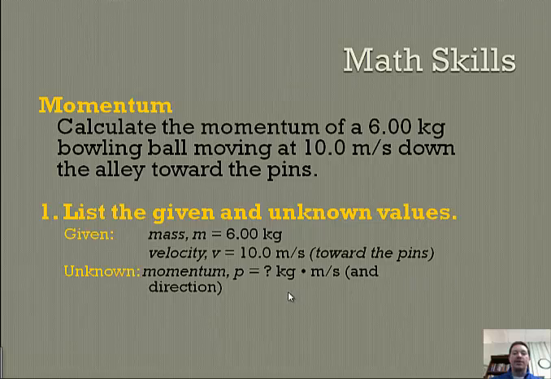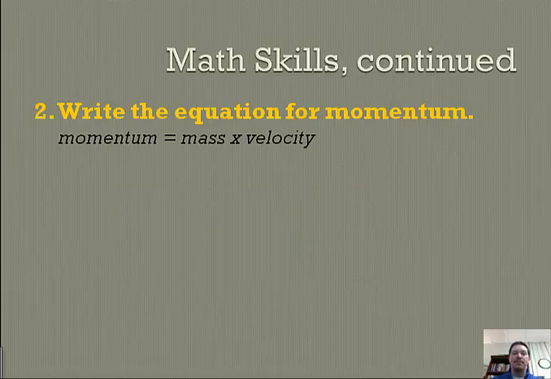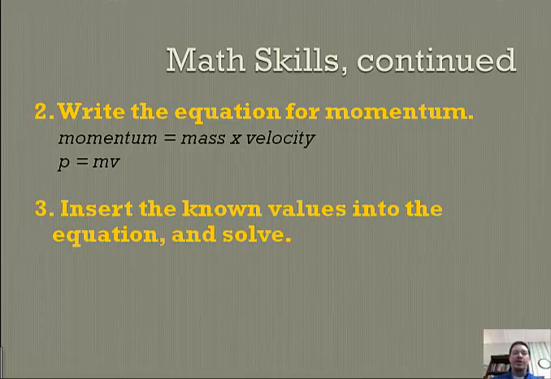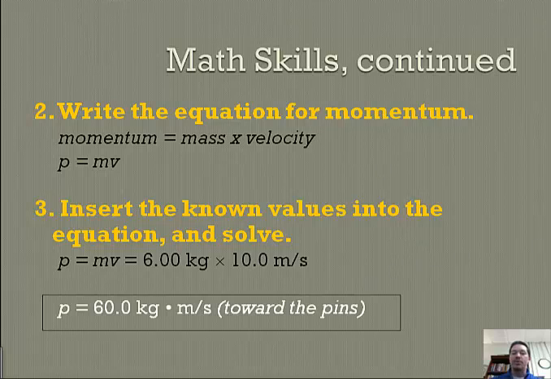We might also indicate direction because we're dealing with velocity. Looking at our equation, momentum equals mass times velocity. Plugging in the mass of 6 kilograms times the velocity of 10 meters per second, we multiply those to get 60 kilograms times meters per second, and it's in a direction, so it's towards the pins.